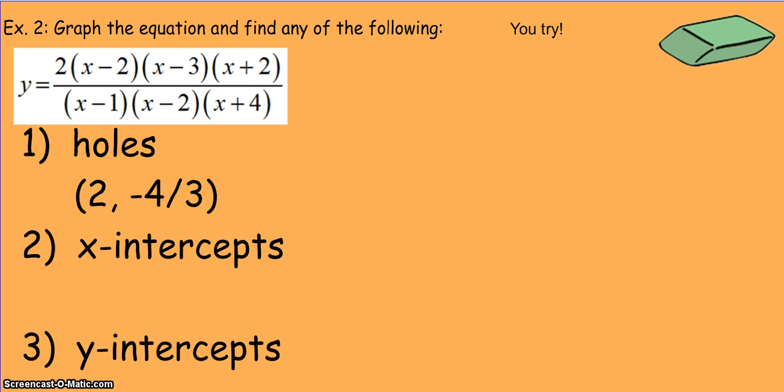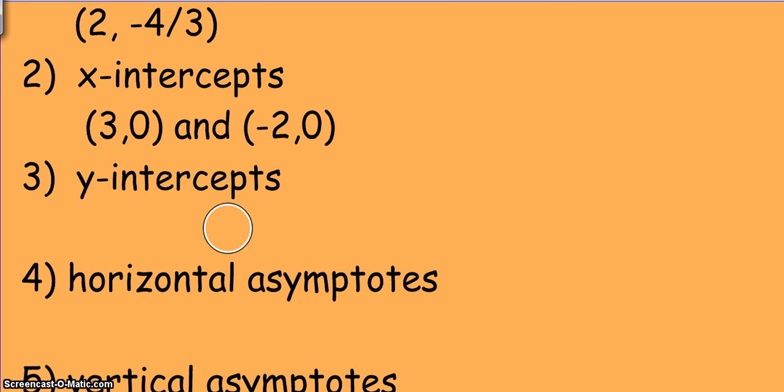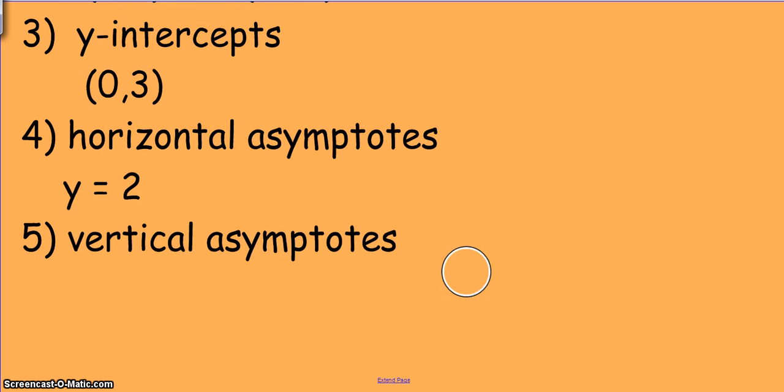So for our x-intercepts, you should have gotten (3, 0) and (-2, 0). Next are y-intercepts. Check your answers and see if you got (0, 3). For horizontal asymptotes, you should have gotten y equals 2, and for vertical asymptotes, you should have gotten x equals 1 and x equals -4.